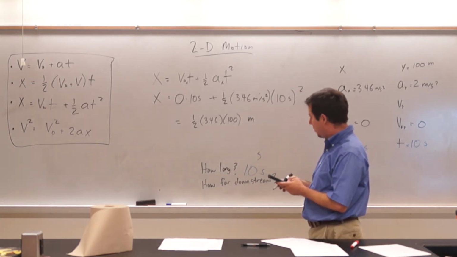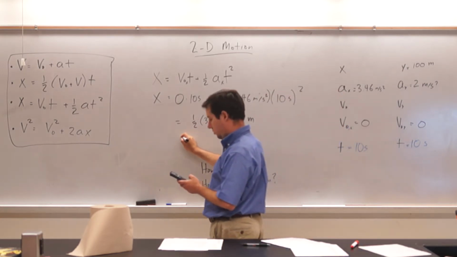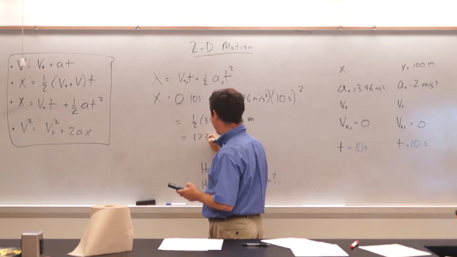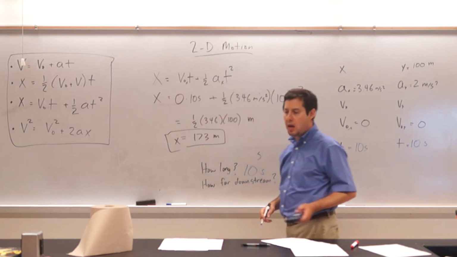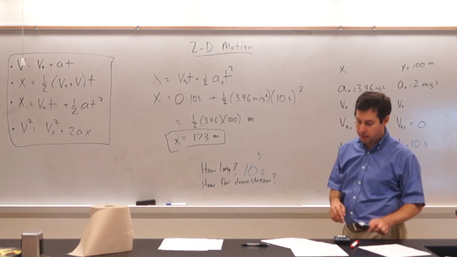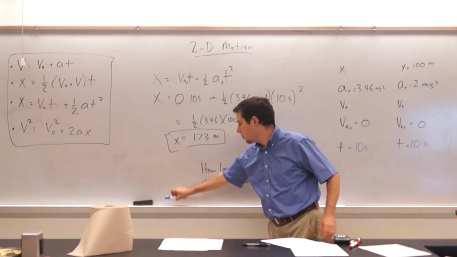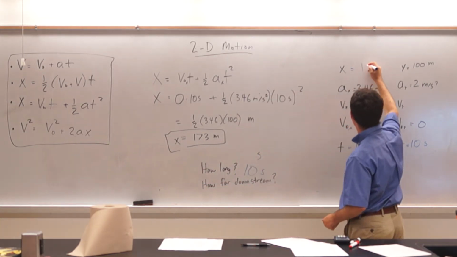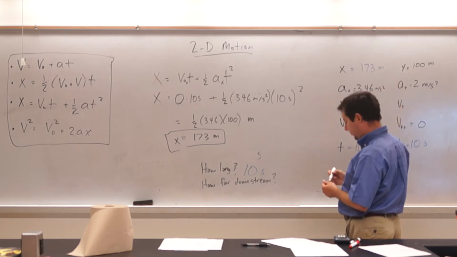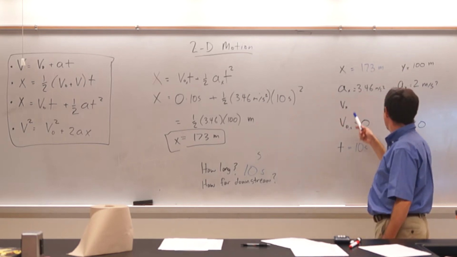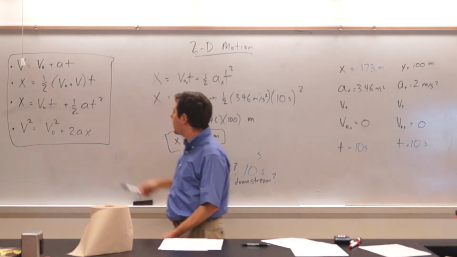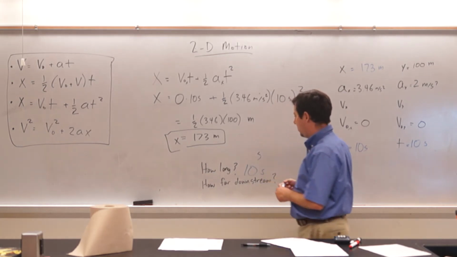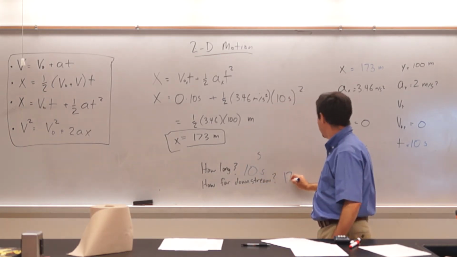So let's see, 1/2 times 3.46 is equal to 173 meters. So by the time you cross the river, you've got 173 meters. If you ever want to solve for this, you can use pretty much any of the equations. This is a nice easy one, 2ax. If you want to get this velocity, 173 meters.